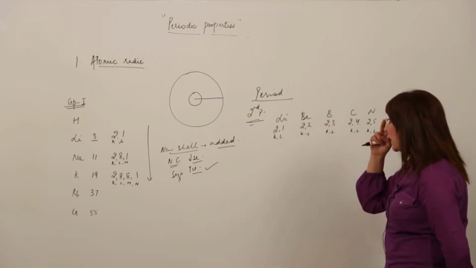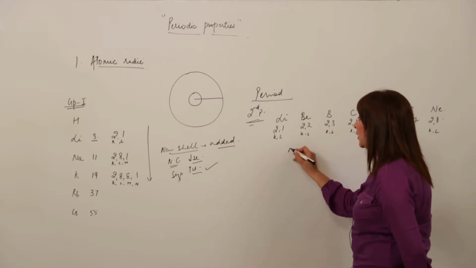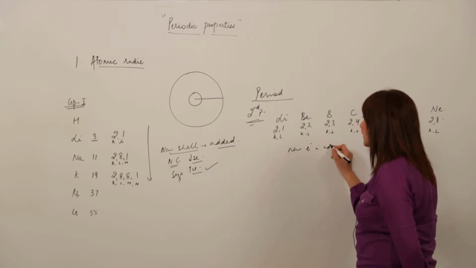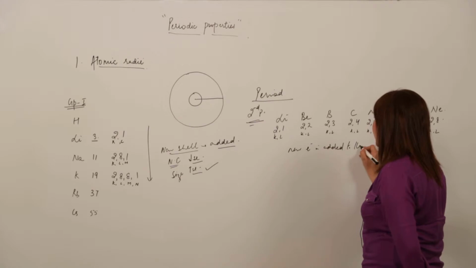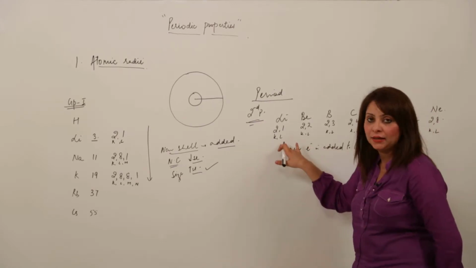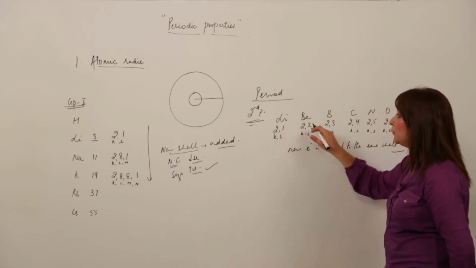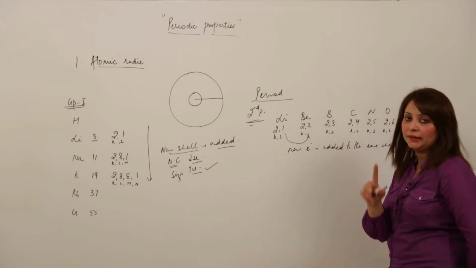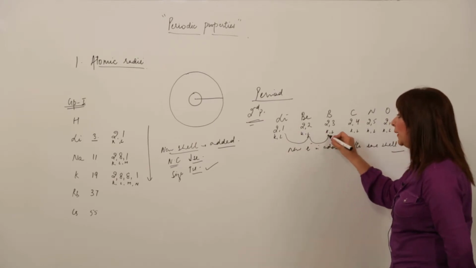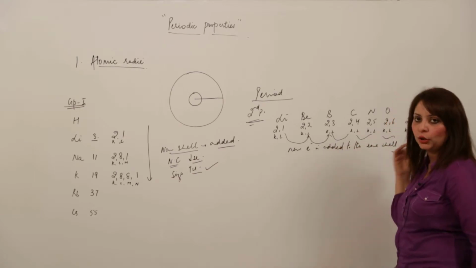We see that every time we move in a period, a new electron is added to the same shell. There is no change in the number of shells, the shell is always the L shell, but every time a new electron is added. When we move from lithium to beryllium, there is an increase of 1 electron. Similarly, from beryllium to boron, there is an increase of 1 electron, and similarly it happens as we move along the period.